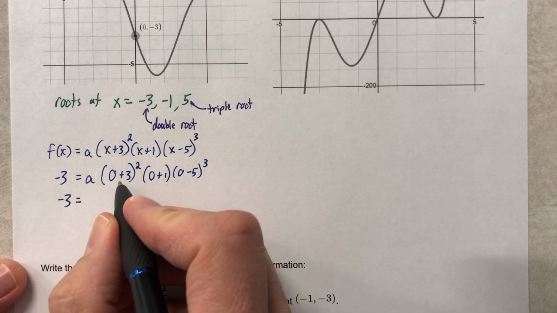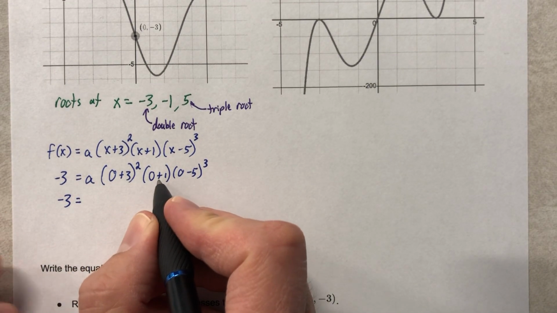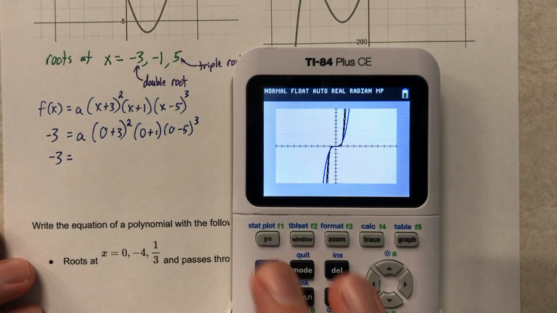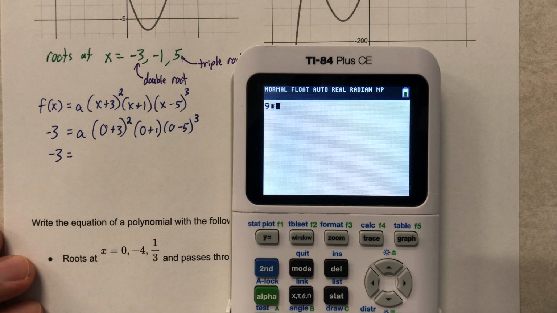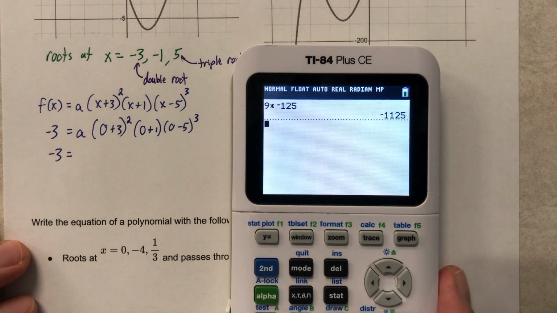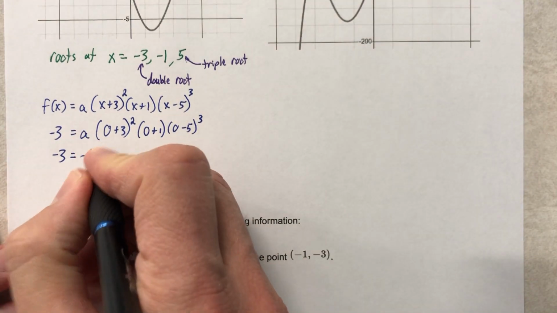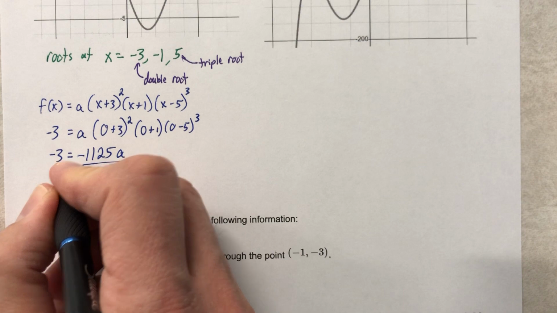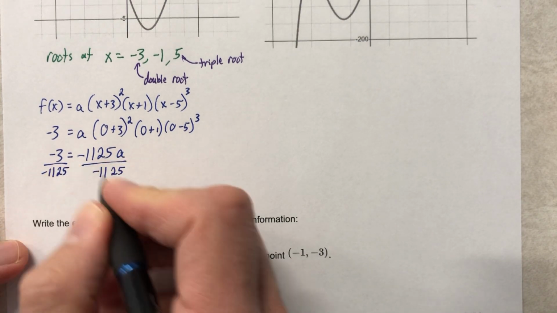-3 equals, 9 times 1, well, that's 9, times -125, in case you care what -5 cubed is. And so 9 times -125 is -1125. Let's divide by -1125. And we get a positive number.